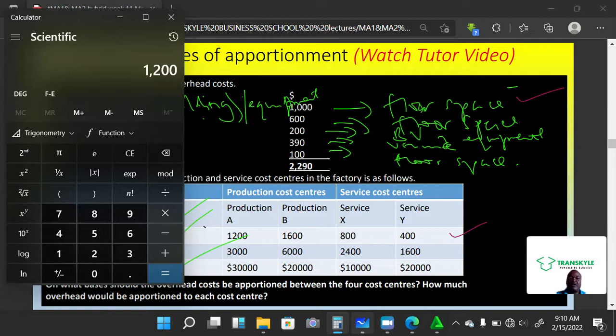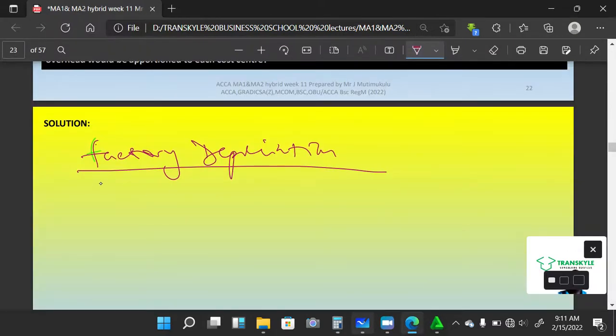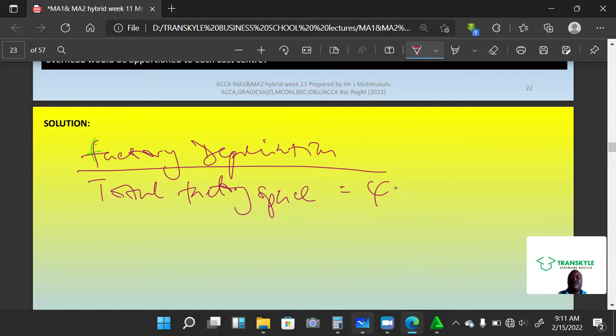That's 1,200 plus 1,600 plus 800 plus 800 plus 400. That's 4,000. Okay, so the total factory space is 4,000 square meters.